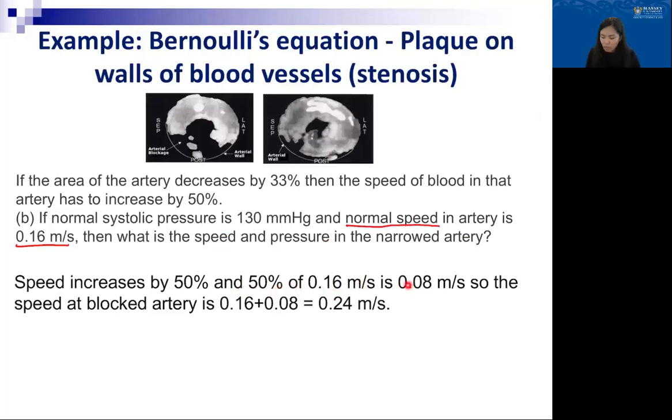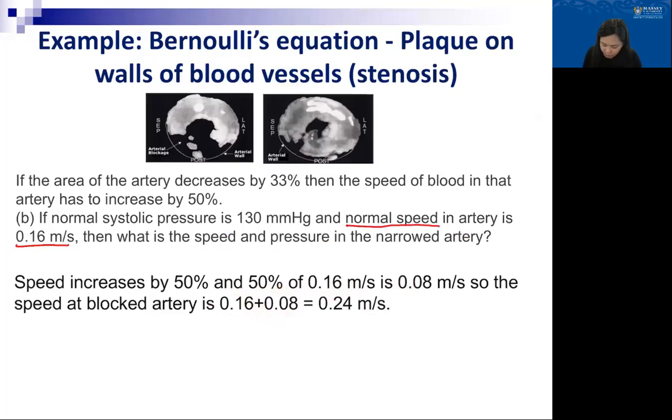So 50% of 0.16 is 0.08. Okay, and so the new speed will be the original speed plus the 50% increase.